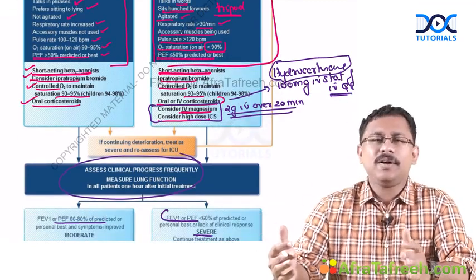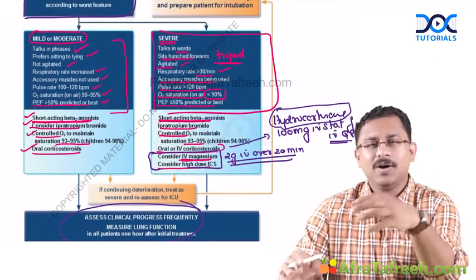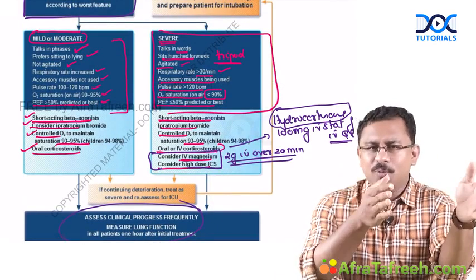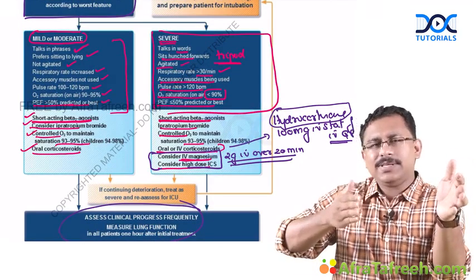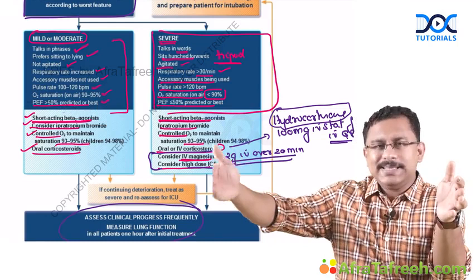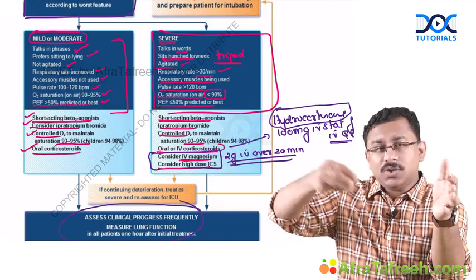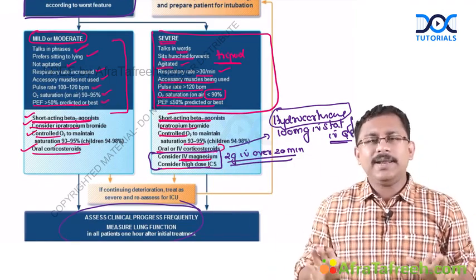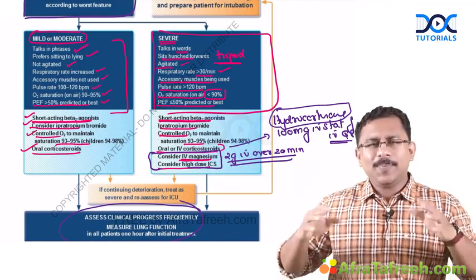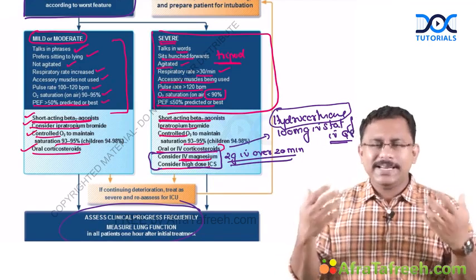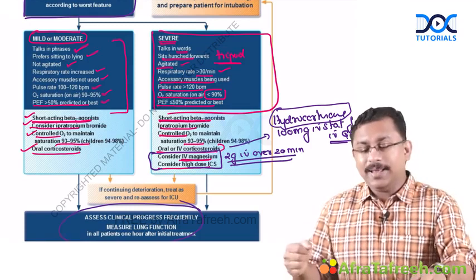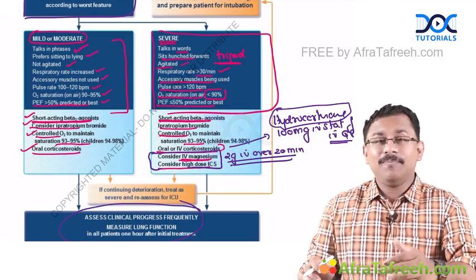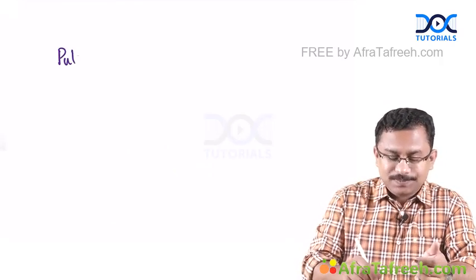And suppose in spite of your best treatment, whether it be the mild to moderate or severe group, remember that a patient who initially comes to you and whom you have grouped as mild to moderate might, after around 15 to 20 minutes of admission, go to the severe category because he might be worsening. Also, this patient might go into respiratory failure as well. So it is very important to constantly monitor all the parameters: whether the patient is able to speak, whether he is tachypneic, and also another parameter that will help to ascertain the severity of bronchial asthma, pulsus paradoxus.